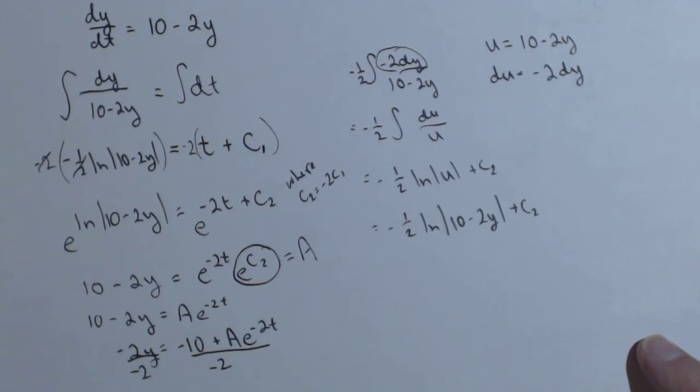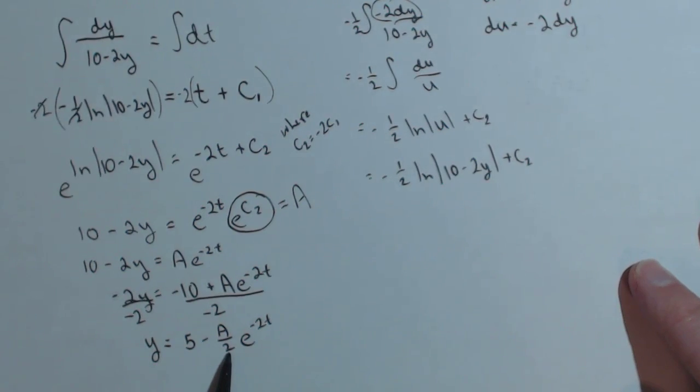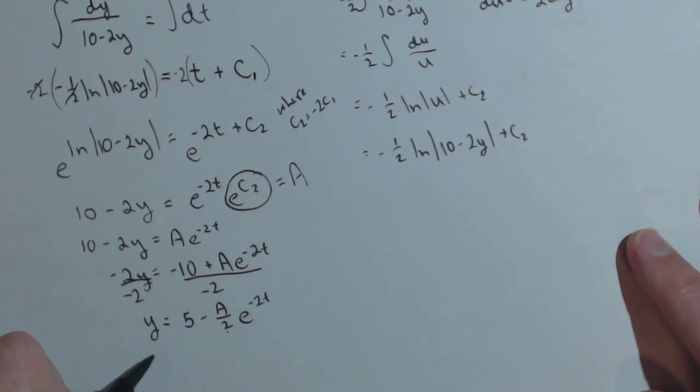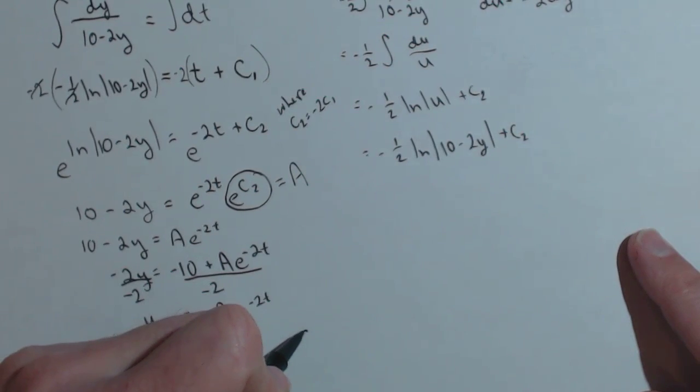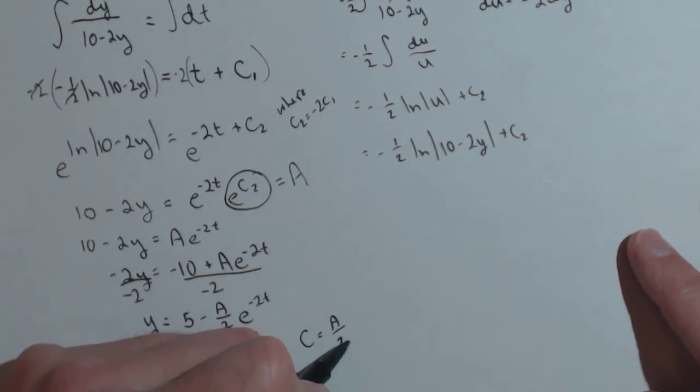So I've got y equals 5 minus a over 2 e to the minus 2t. And if I want, I can absorb this into another constant and write this as y equals 5 minus c e to the minus 2t, where c equals a over 2.